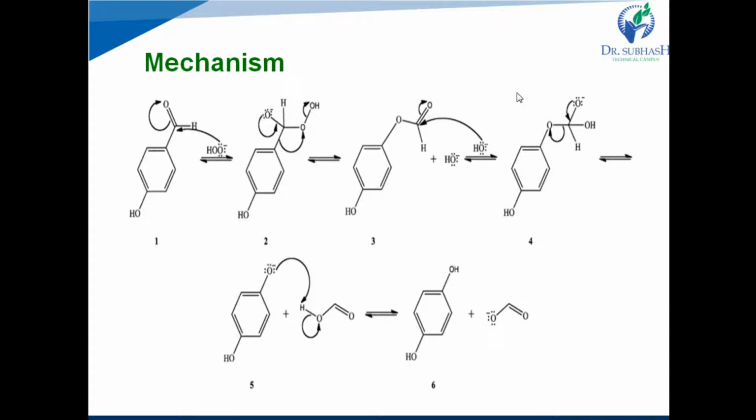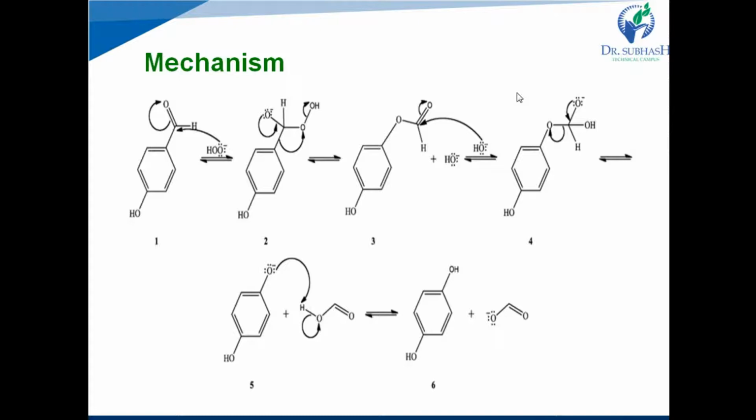Oxygen has the negative charge, that's why it has the electron, and that electron is used to form double bond, that is pi bond between carbon and oxygen, and forms the structure 3. Right? Now 2 is the tetrahedral product, and third is the carbonyl compound.